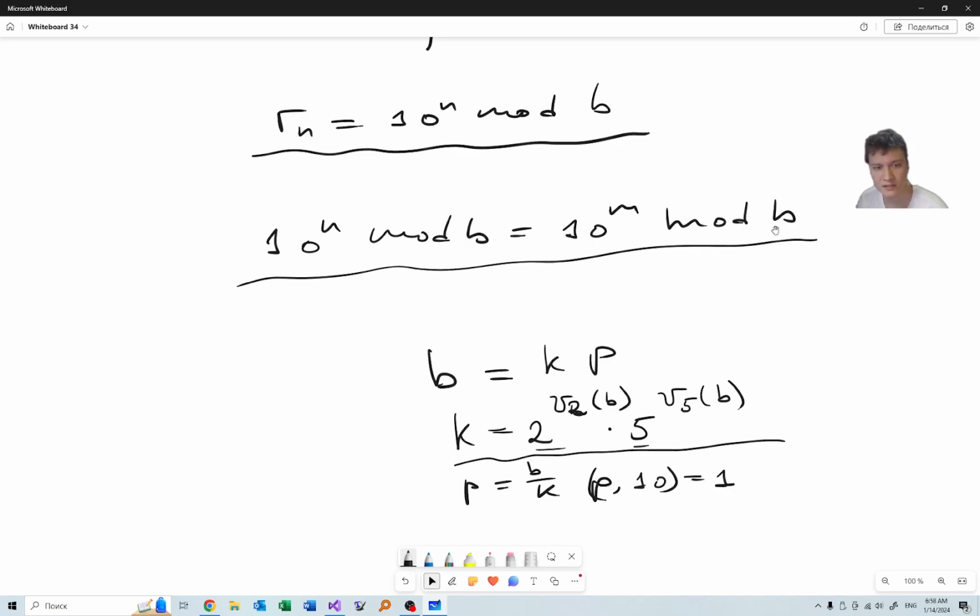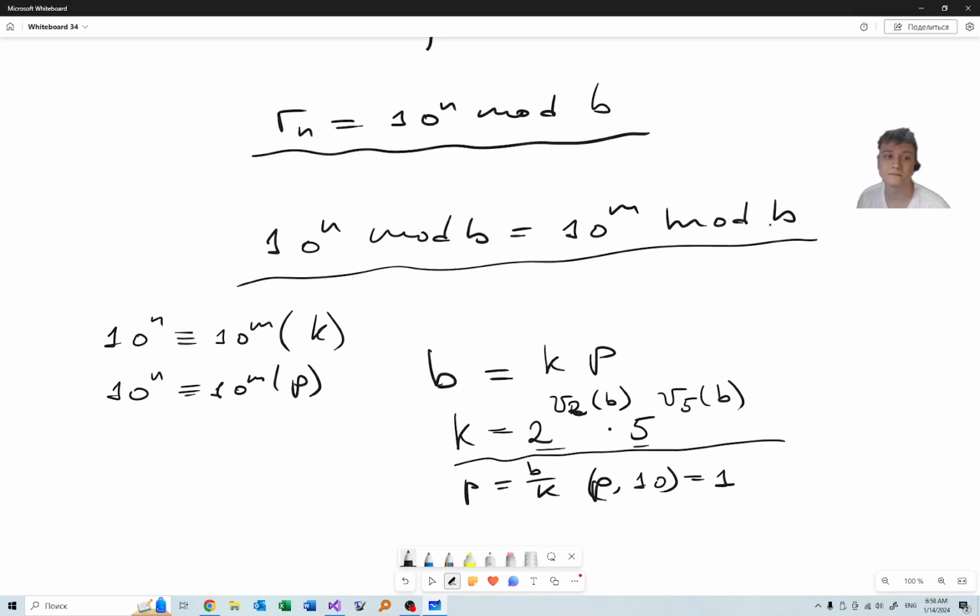When we have done it, by the Chinese remainder theorem, we can say that it is equivalent to 10 to the n being equivalent to 10 to the m modulo k, and it should also hold modulo p. And then the length of the period will be the minimum possible m minus n.